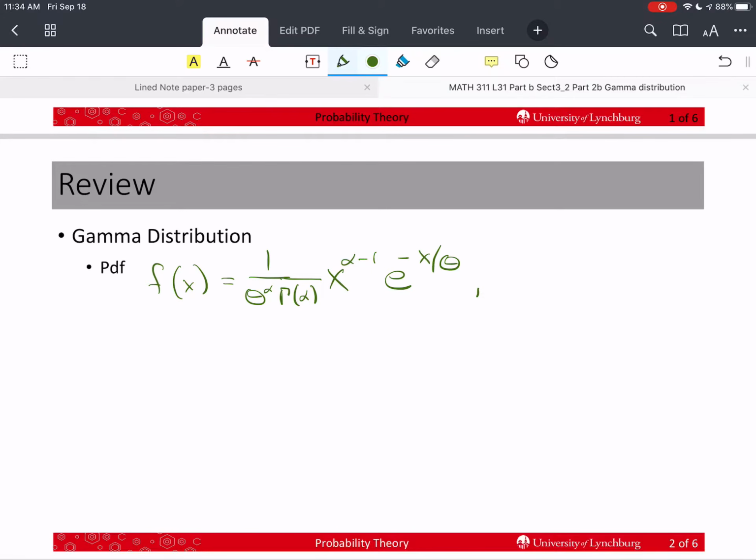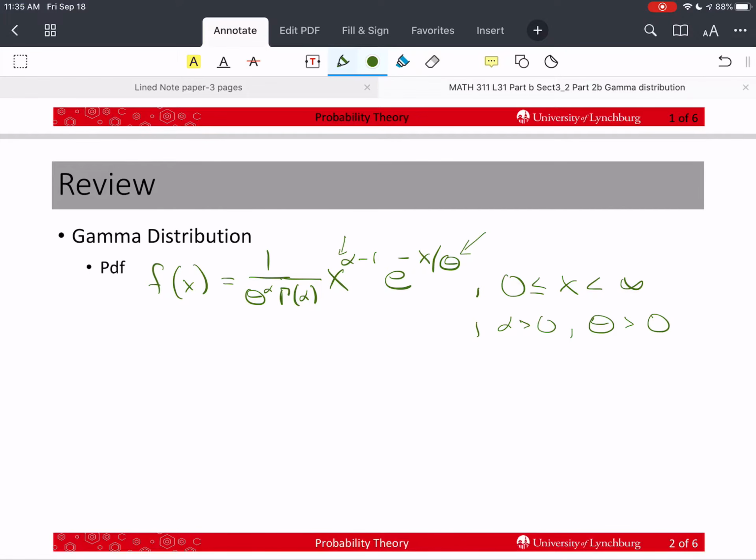Now here we have to put that x is greater than 0, or as the book does it, either one is fine. We have x from 0, and I think they include 0 there, to infinity. But if we write it with a generic term for theta and alpha, we also have to specify that alpha is greater than 0 and theta is greater than 0.